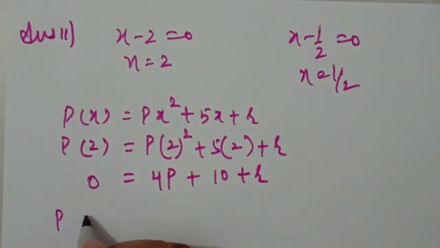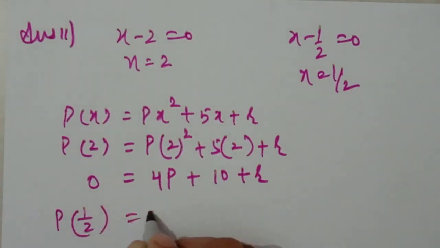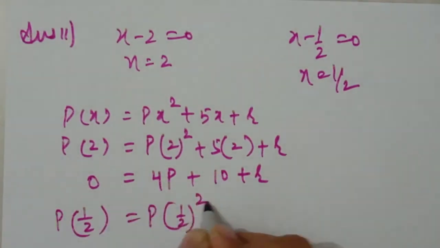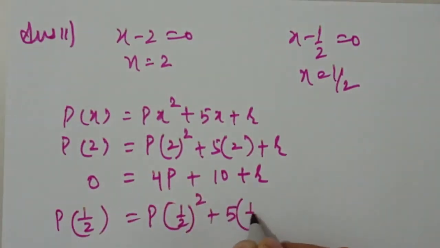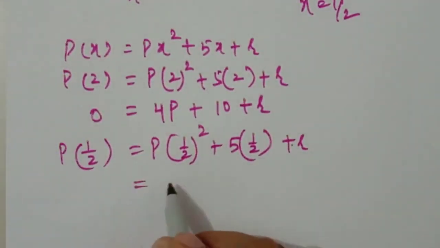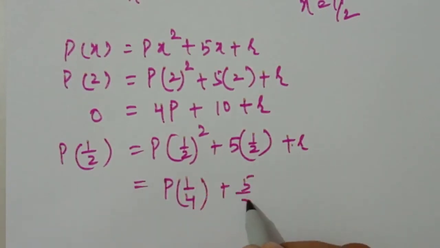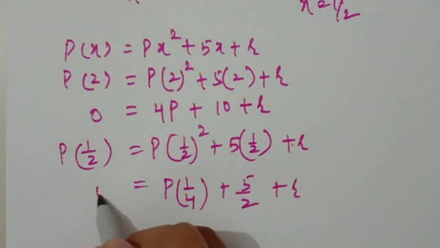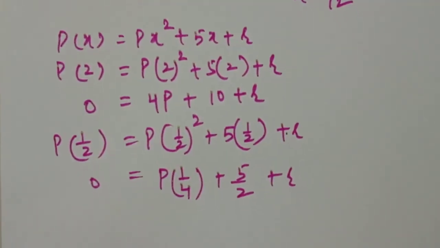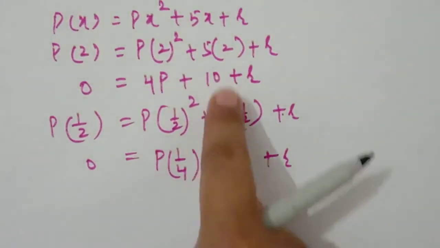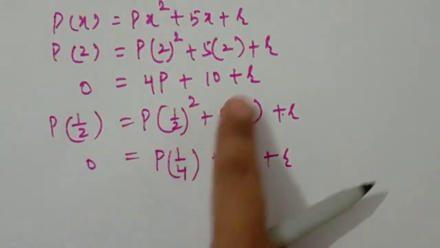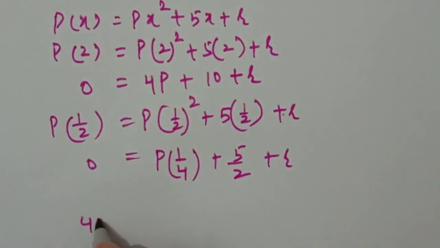Now the second one: p times 1 upon 2 whole squared, plus 5 times 1 upon 2, plus r. Then it is p into 1 upon 4 plus 5 upon 2 plus r. It should also be equal to 0 because it is also given as a factor. It means both remainders are equal to 0, so they should be equal to each other also.